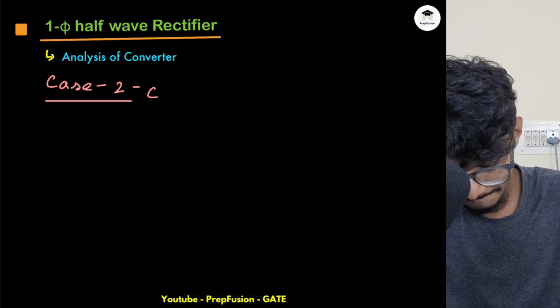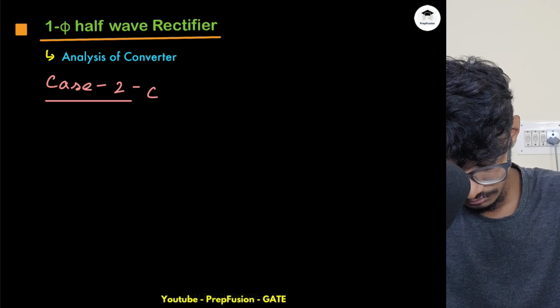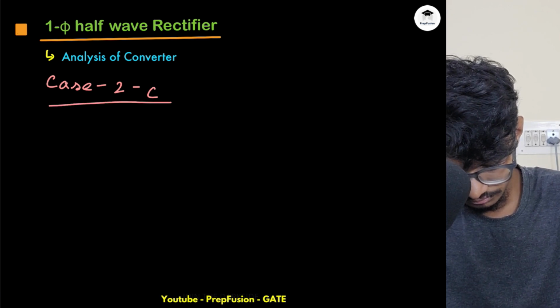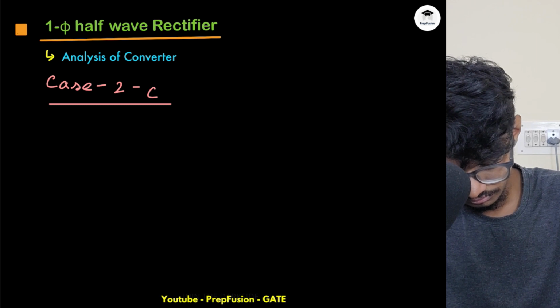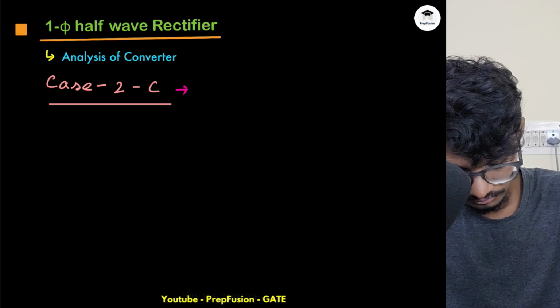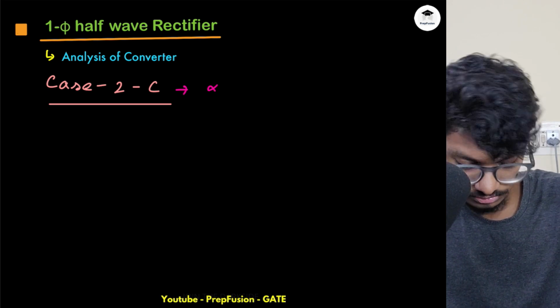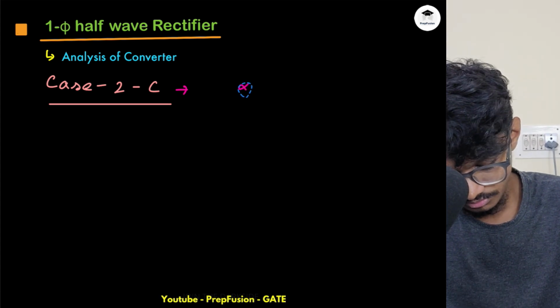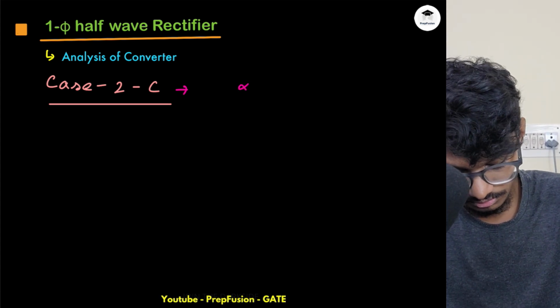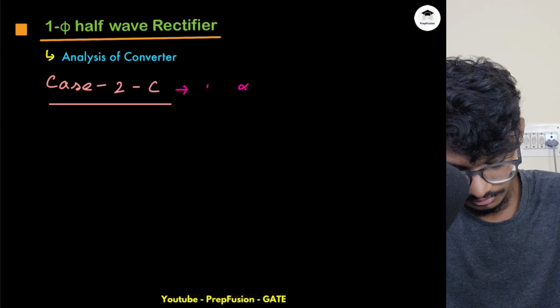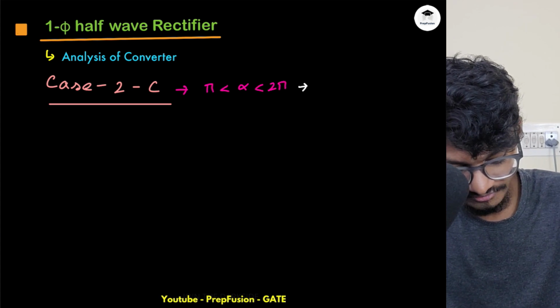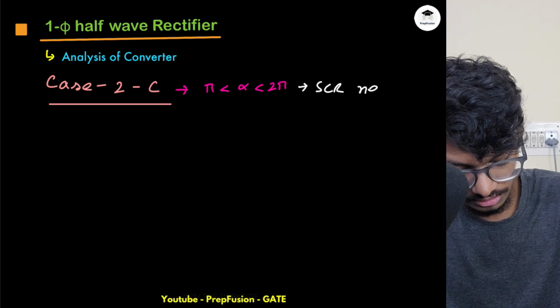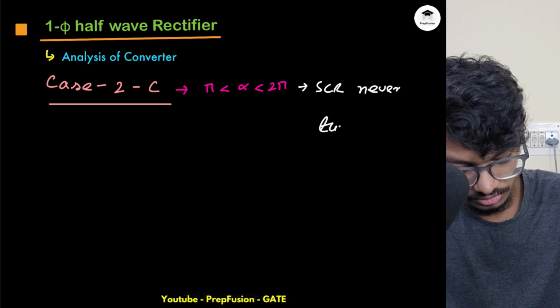If my alpha is between pi and 2 pi, the SCR never turns on.